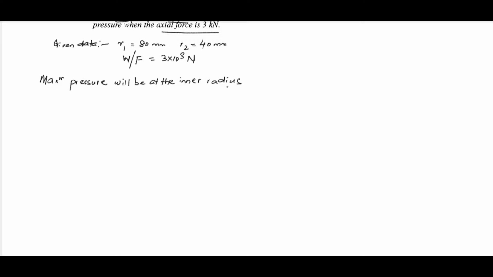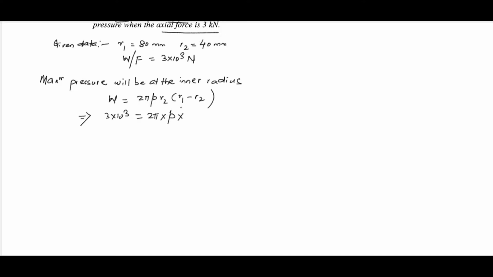Okay, and this relation will be W is equal to 2 pi P, P is the intensity of pressure, R2 into R1 minus R2. So here W is given 3 into 10 to the 3, 2 pi into P we need to find out.